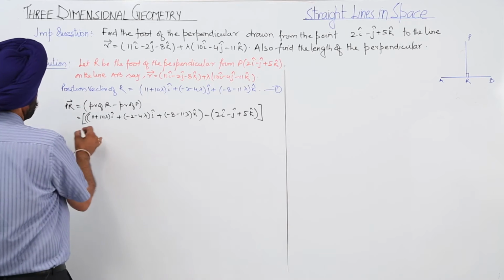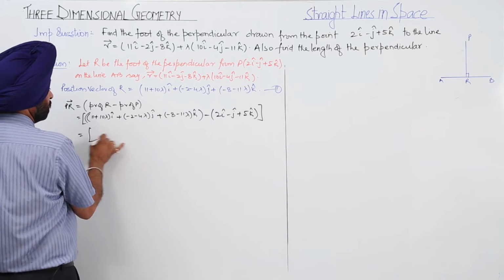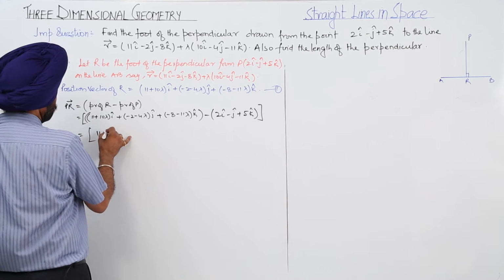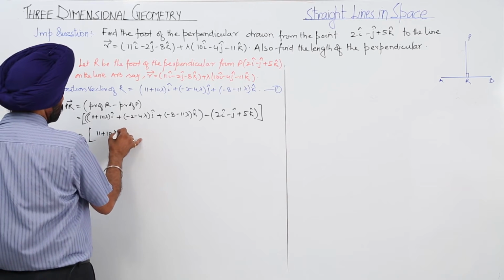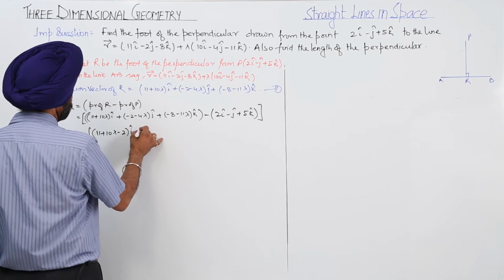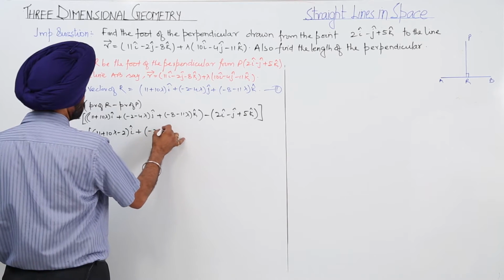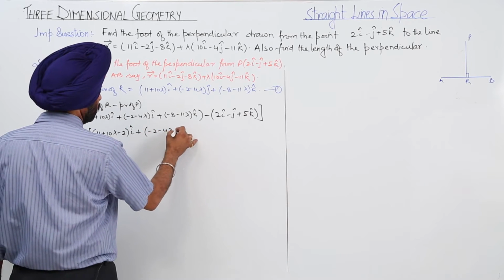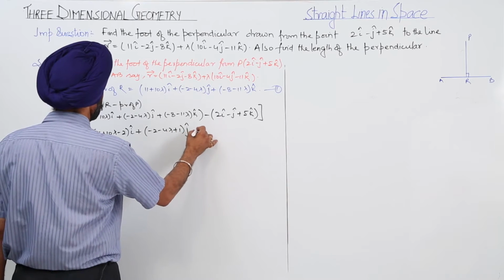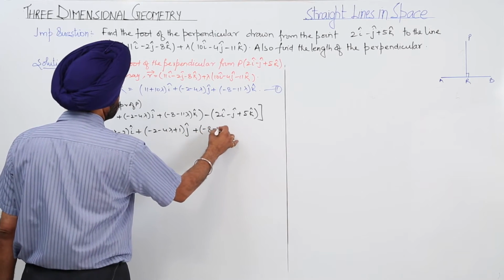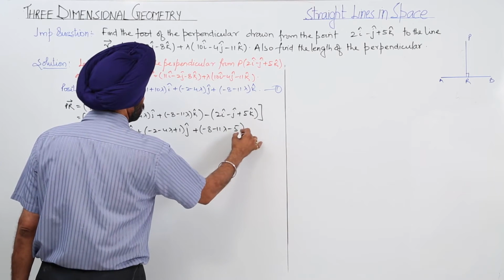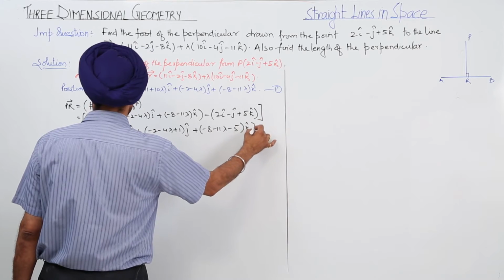Now on solving, what we are having? 11 plus 10 lambda minus 2 with i cap plus minus 2 minus 4 lambda plus 1 with j cap plus minus 8 minus 11 lambda minus 5 with k cap.